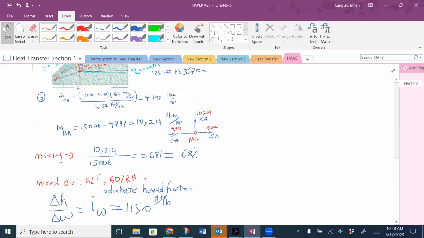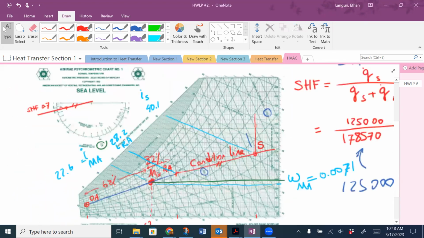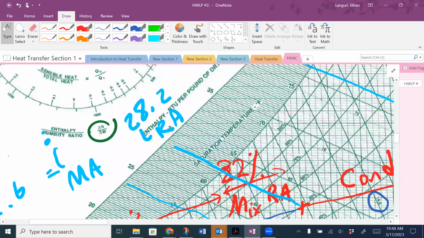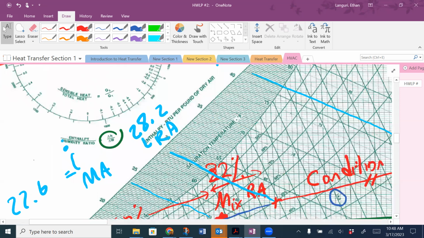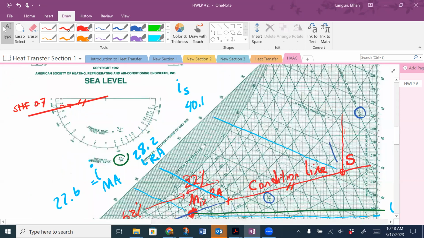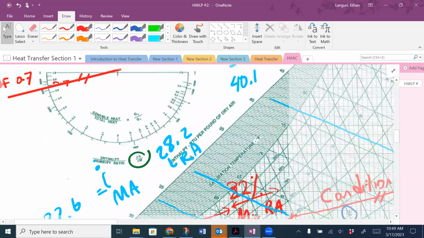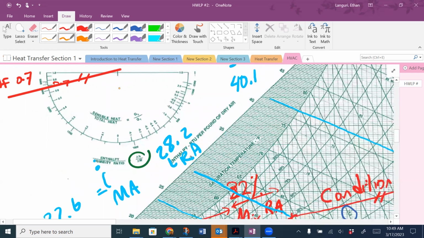So how I'm going to use it, I am trying to show 1150 for delta H over delta W using this protractor tool. Let's pick another color here, orange. This is 1000. This is 1500. So 1150 is between 1100 and 1200, somewhere here.